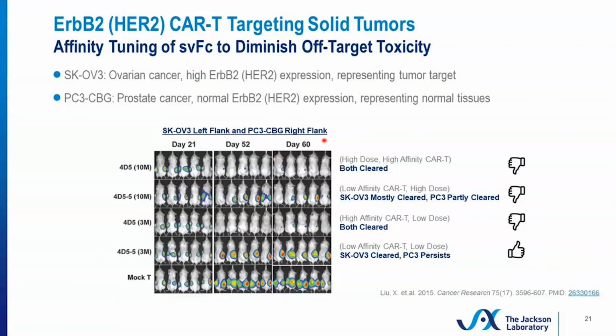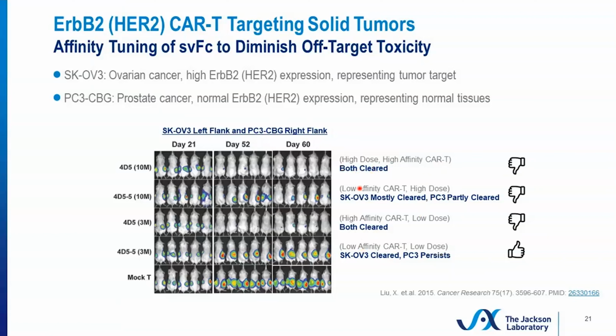And then they treated them with the high dose, high affinity, or high affinity low dose, or the low affinity CAR T at high dose or the low affinity at low dose, and looked at the tumor responses. So with the high dose, high affinity, it cleared both tumors.